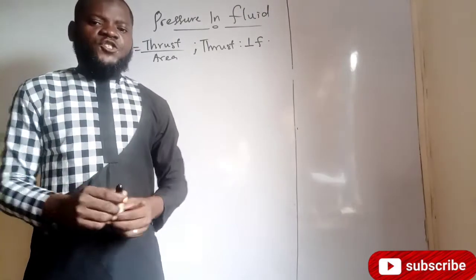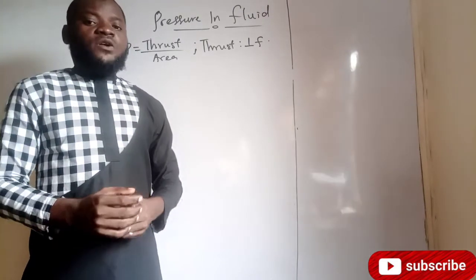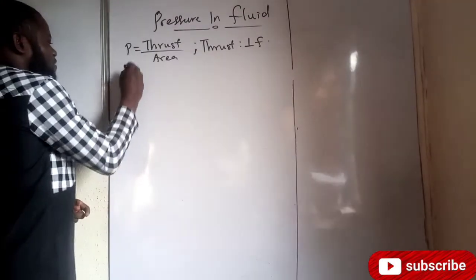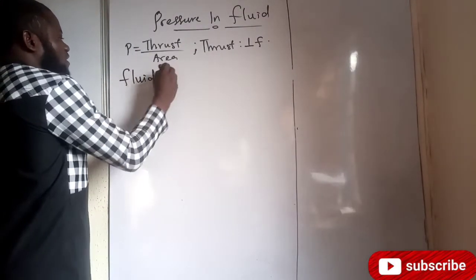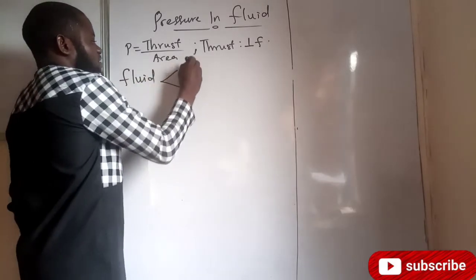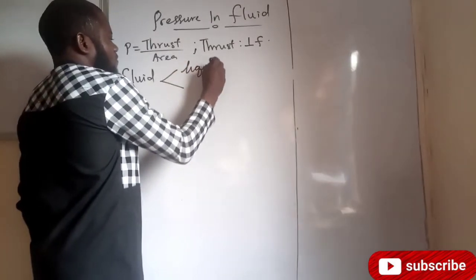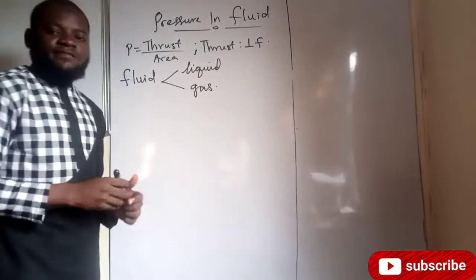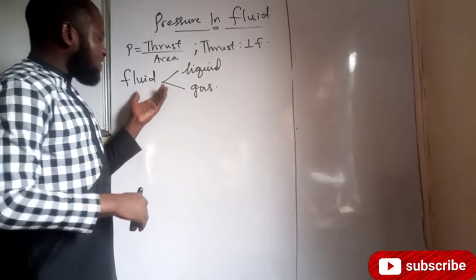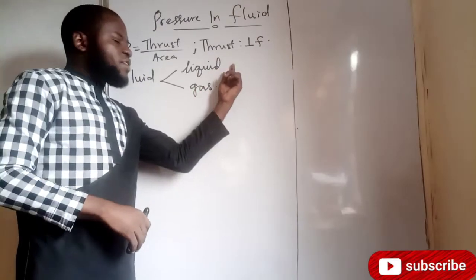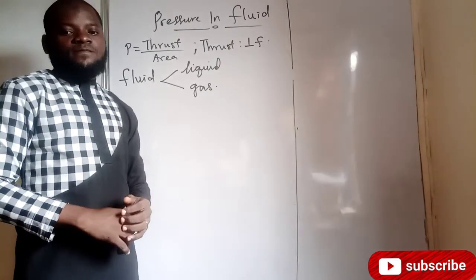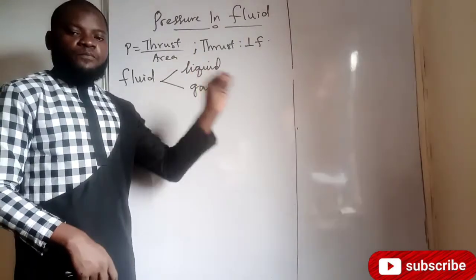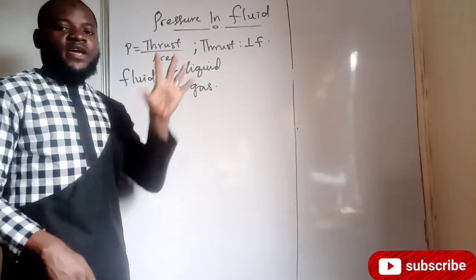But before we look into that, I would like us to recall the concept of fluid. When you talk about fluid, you can either be talking about liquid or you talk about gas. When you say fluid, you are either talking about liquid or gas. Therefore, we look at how liquid exerts pressure and how gas also exerts pressure.